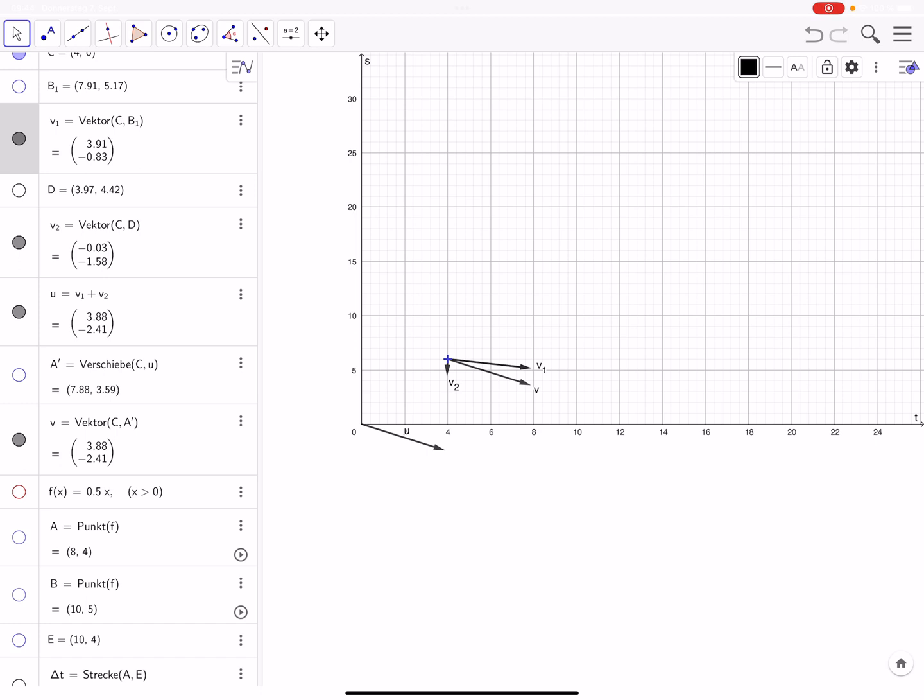So delta t, the time, can never be a vector because time only knows one direction. Yeah, the time can move backwards, we'll see that maybe later or at university, but it can't move in any other direction. Time is just going into one direction normally.